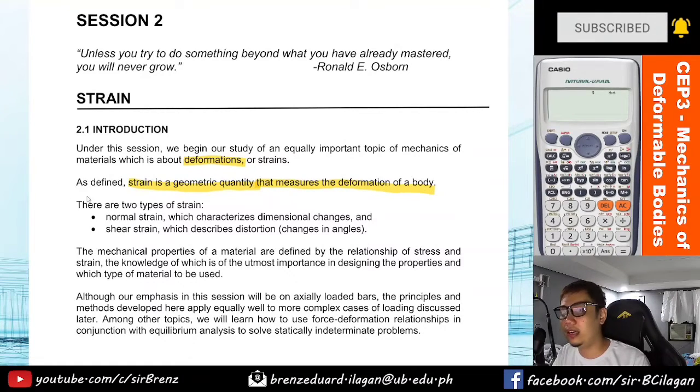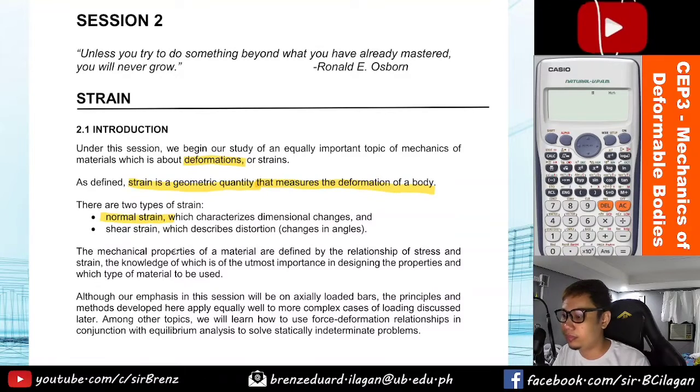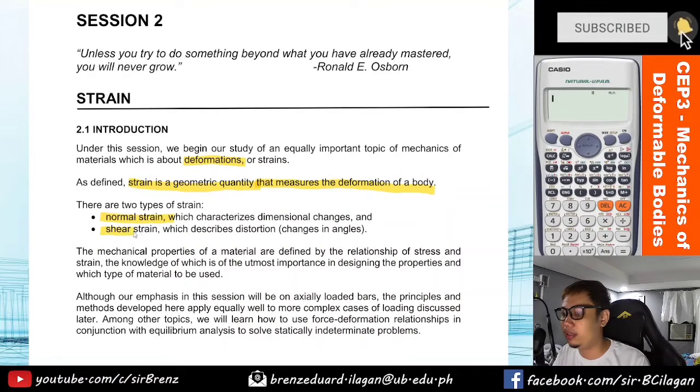So there are generally two types of strain. The first one, the normal strain. So this characterizes the dimensional changes. And yung shear strain, ito naman yung nagde-describe ng distortion or the changes in angle. Okay, so again, a normal strain for the dimensional changes, and for the shear strain, yung distortion niya.